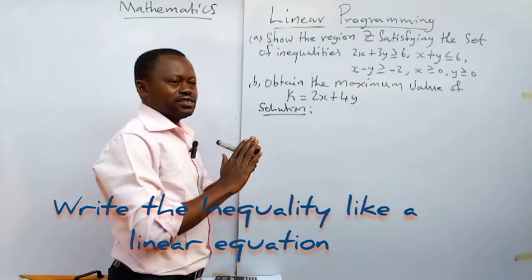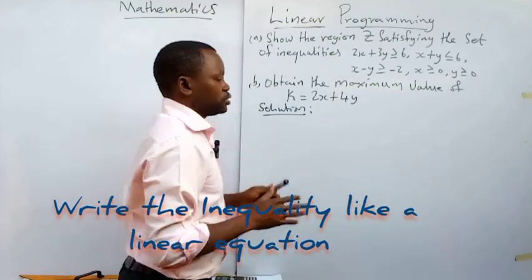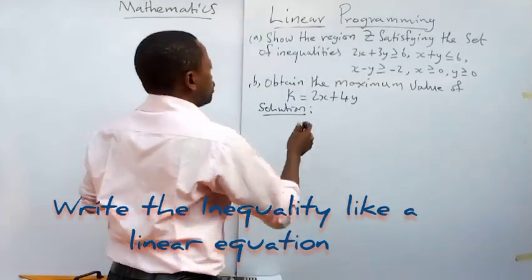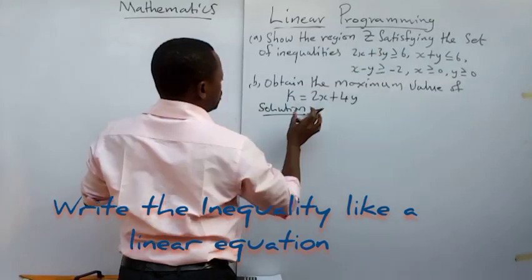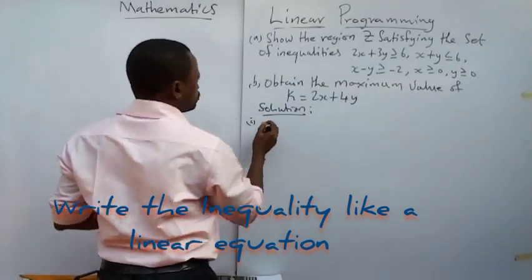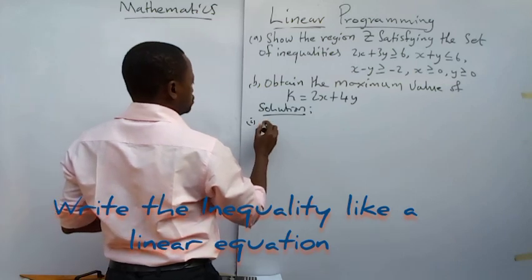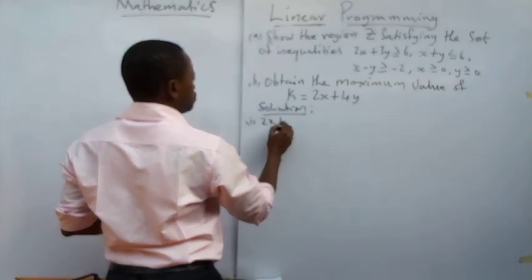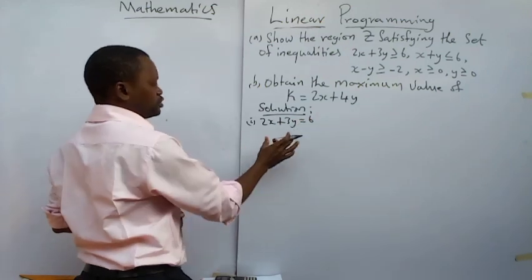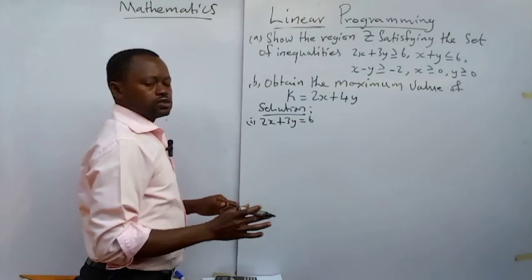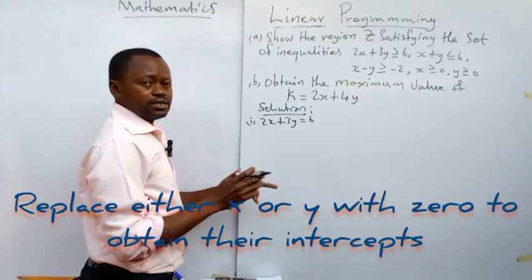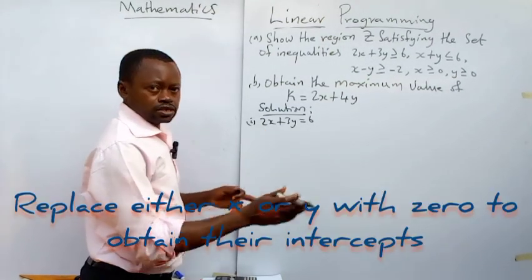It was very clear there. But notwithstanding, I'm still going to give the explanation. We pick the first inequality and write it like a linear equation, so we have 2x + 3y = 6. Having written it like a linear equation, we now substitute either x or y to be 0 so that we can obtain the intercept of either x or y.